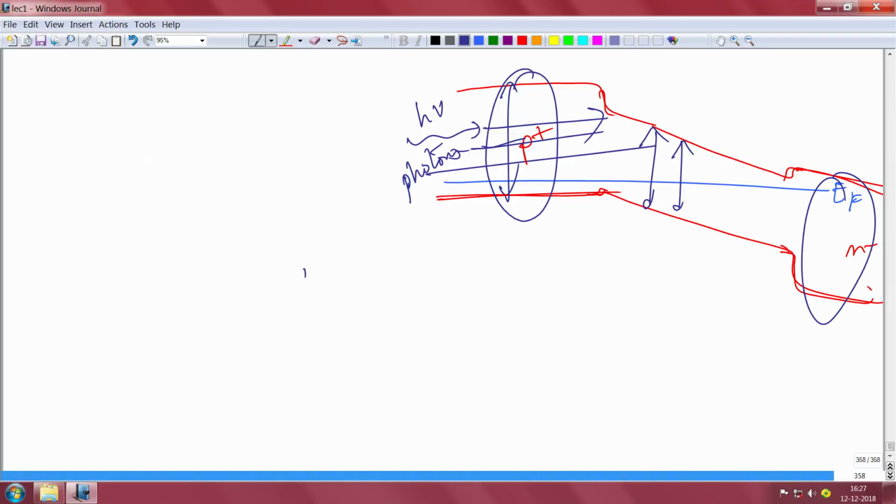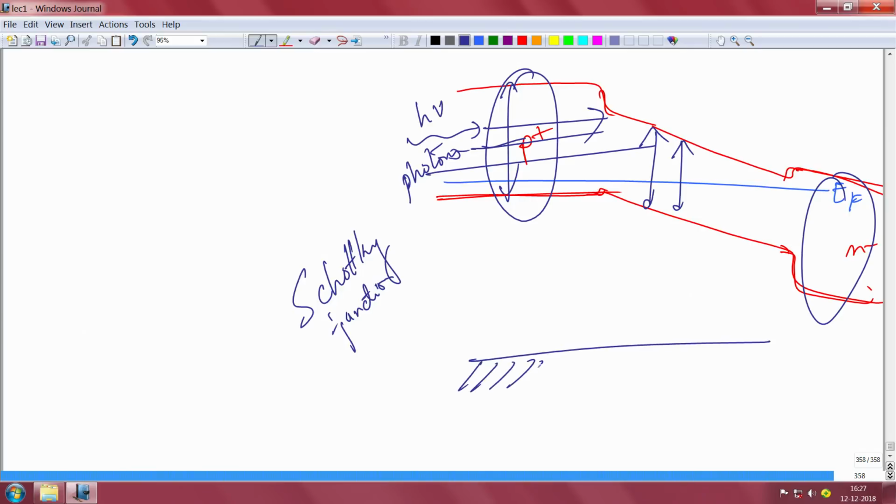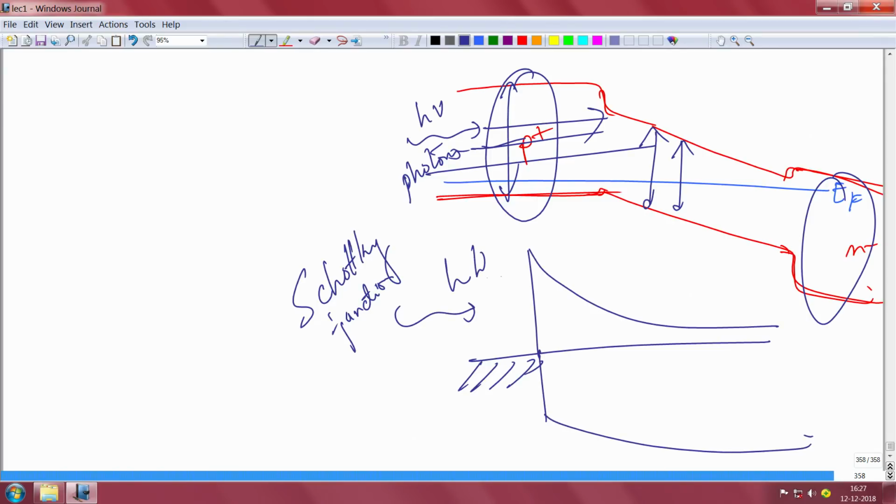And similarly, you have these Schottky junction photodetectors, which is the same as PN junction, except that these are Schottky. So you have something like, say, metal work function, and then you have a barrier like this, right? So if you shine light from the top, then in this depletion region, whatever is absorbed will immediately go this way and that way.